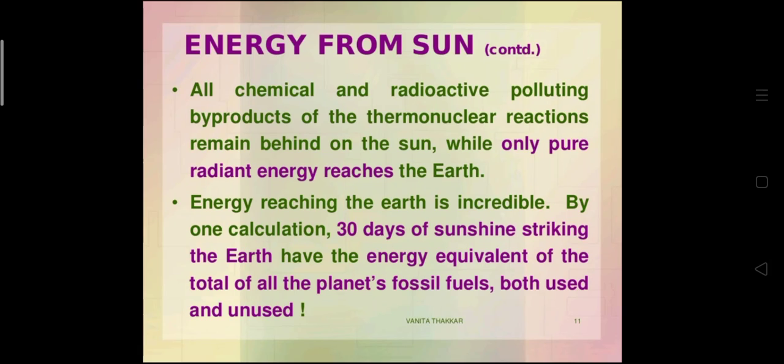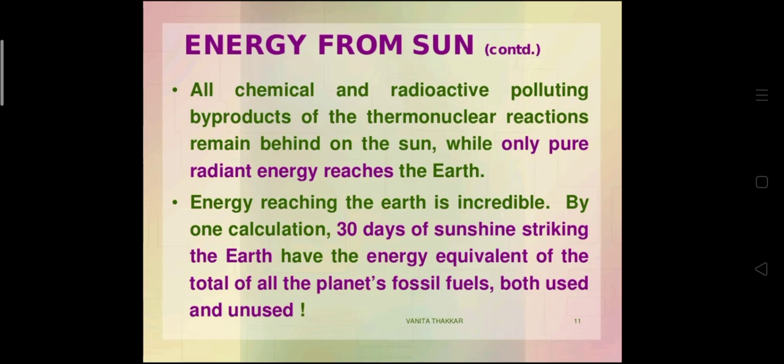Energy reaching the earth is incredible. By one calculation, 30 days of sunshine striking the earth have the energy equivalent of the total of all the planet's fossil fuels, both used and unused.